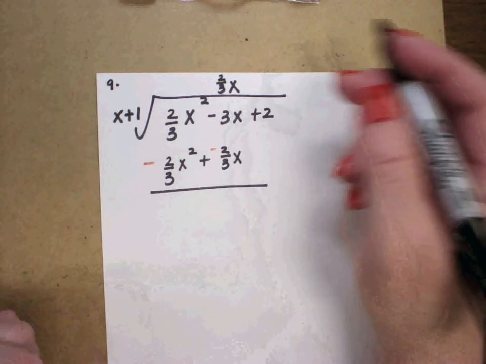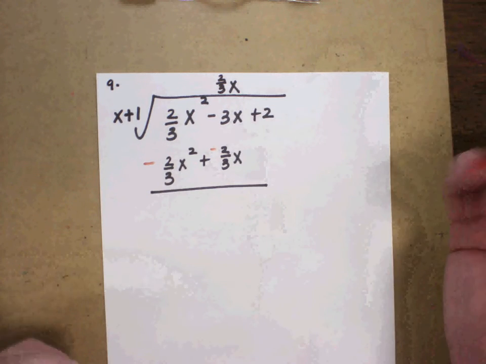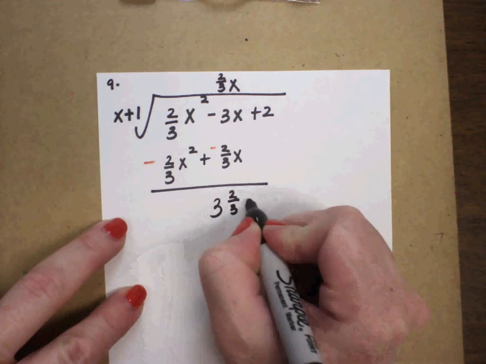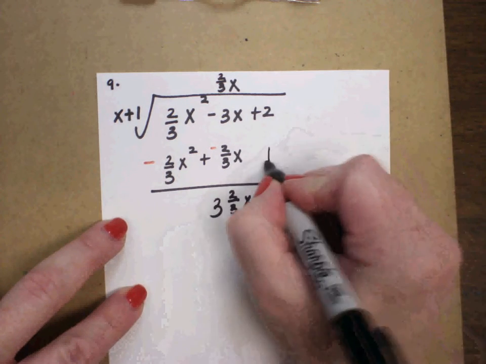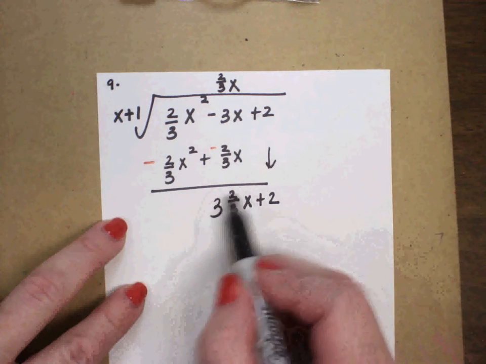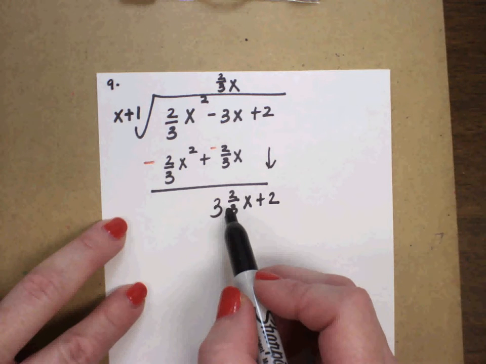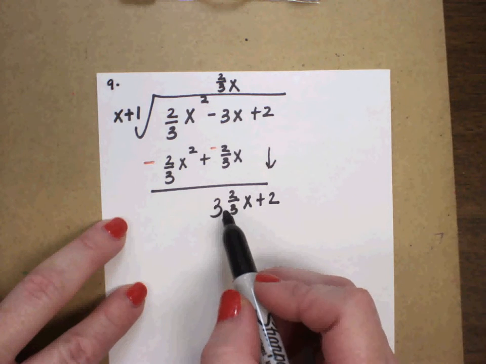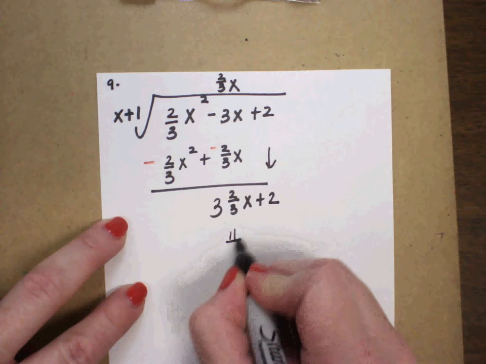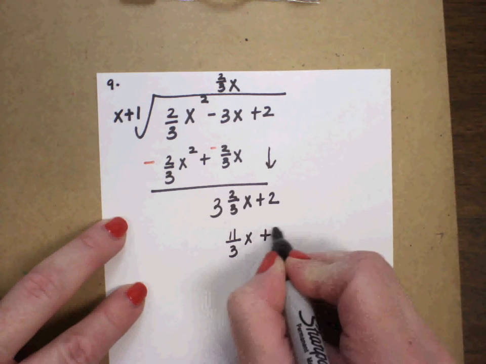Or you can add them and that becomes 3 and 2/3 x's, because you're adding them because they're the same sign. Is that correct? Plus 2. I would change that to an improper fraction. So 3 times 3 is 9 plus 2, 11/3 x plus 2.